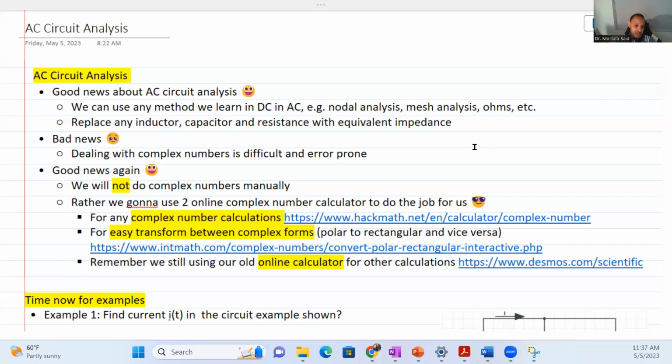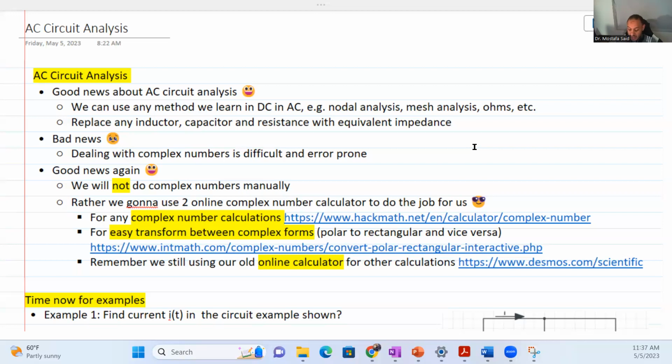But at the same time, there was another piece of good news: we can use some online tools, basically online complex number calculators, to do division, multiplication, addition, any kind of calculation in complex numbers very easily, very fast, and very accurately as well.